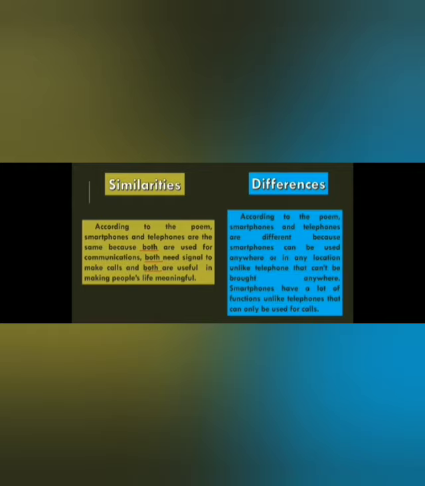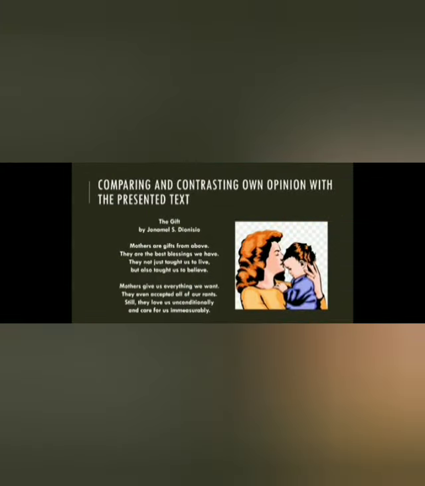Smartphones have a lot of functions, unlike telephones that can only be used for calls. Okay? So, by now you know the similarities and differences of our given topic. Okay?